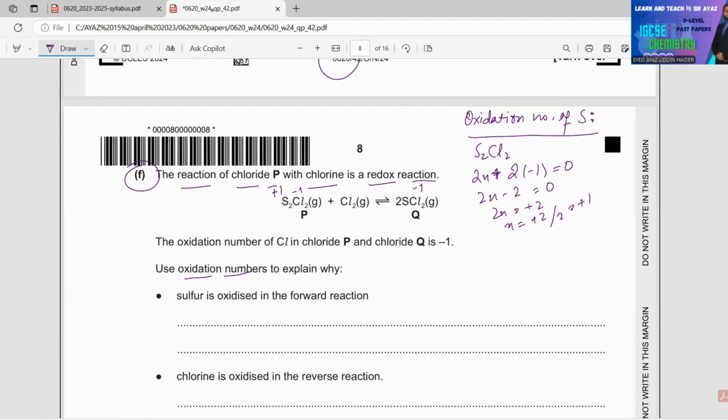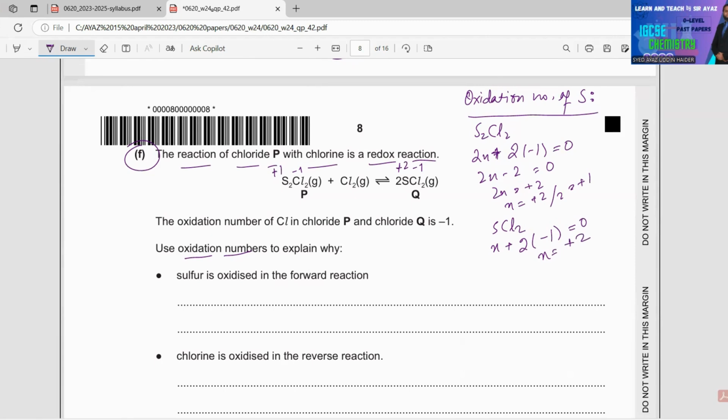So the oxidation number of sulfur in S2Cl2 is +1. What about SCl2? Taking x as S plus 2 atoms of chlorine multiplied by -1 is equal to 0. If you solve this, you will get +2. So +2 will be the oxidation number of S in SCl2. So what will you write? Oxidation number of sulfur changes or increases.